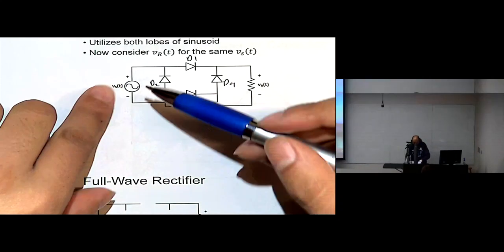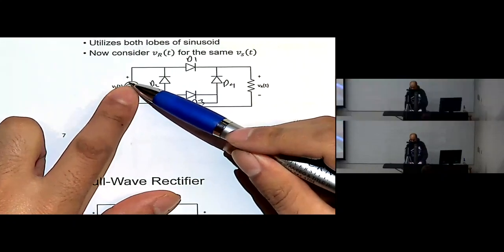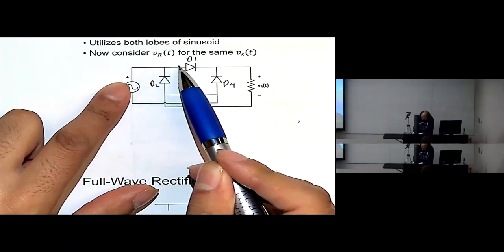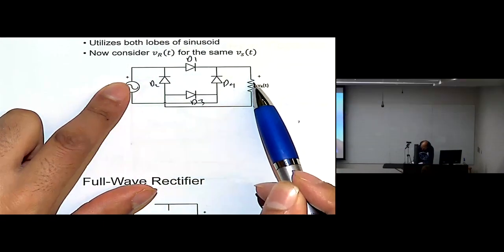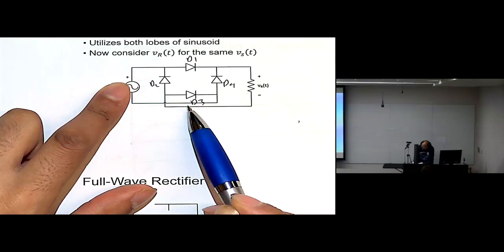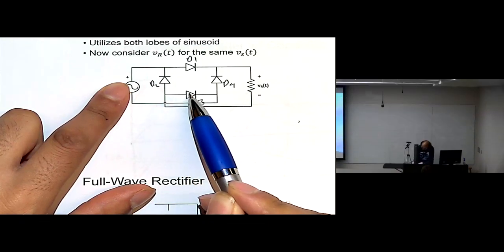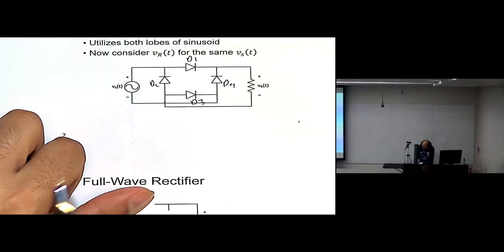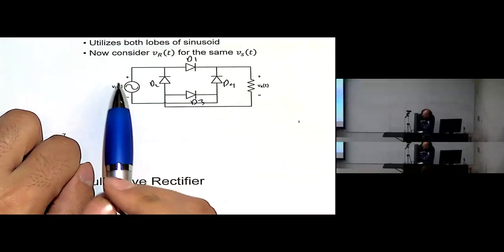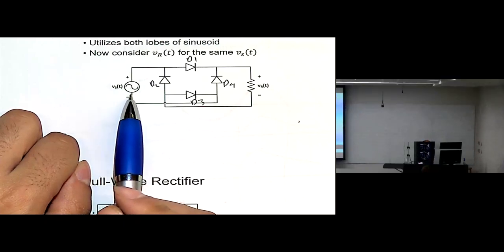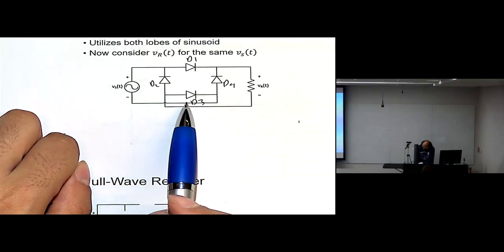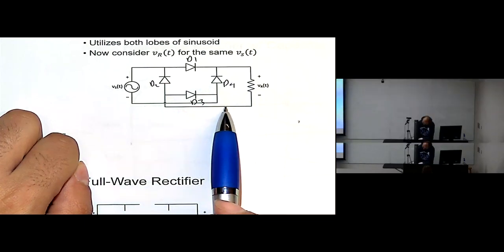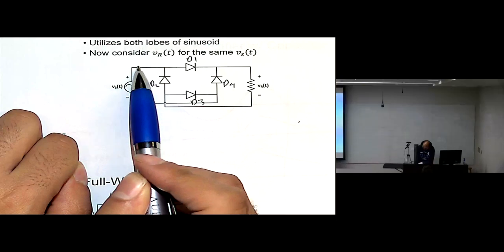Again, if the voltage is positive, the current is flowing out from the positive here, then goes to D1, then to the load, then follows this line, then through D3, then back to the source. And if Vs is negative, the current is flowing here through D4, then to the load, then to D2, then to the source.